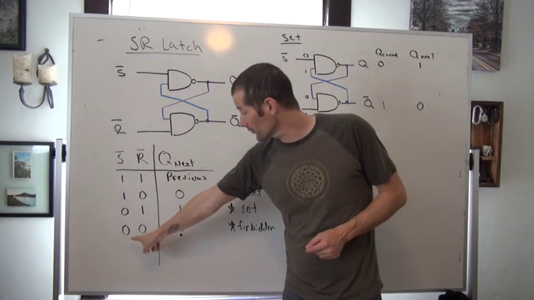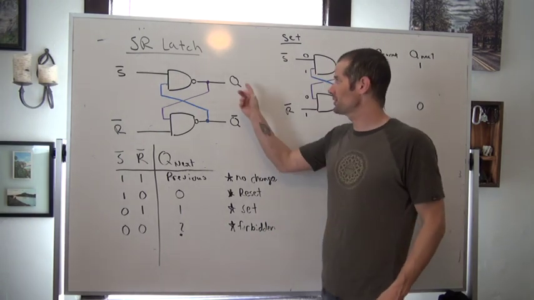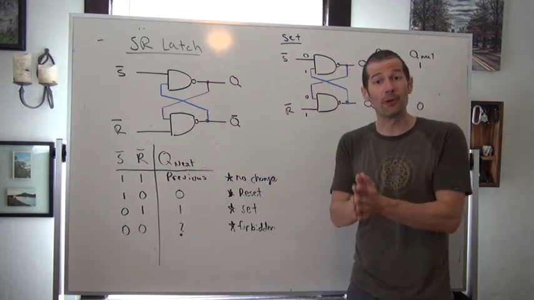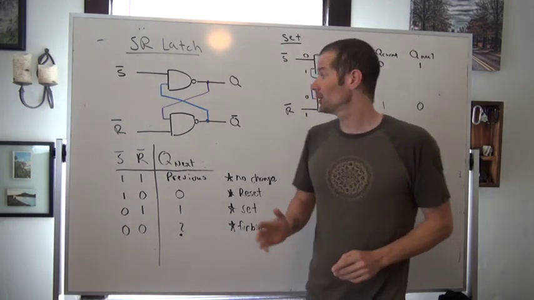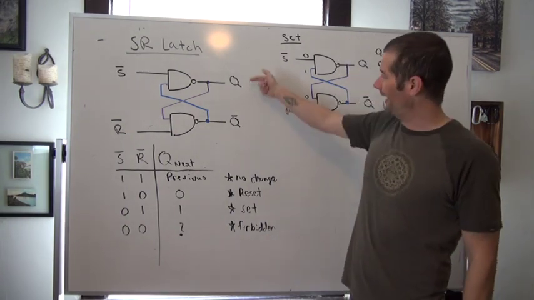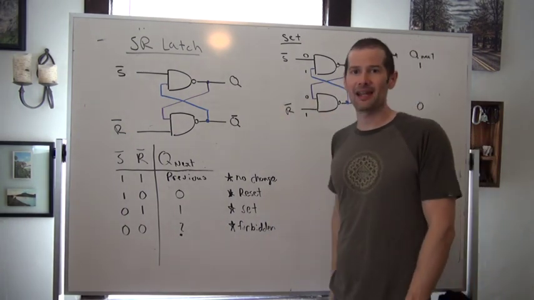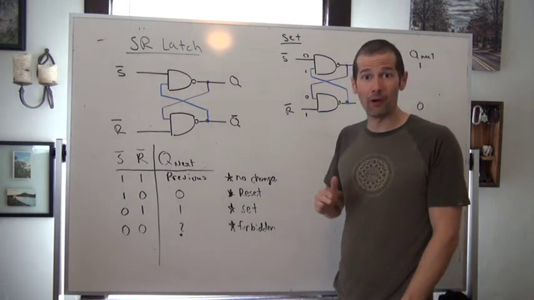If S bar and R bar both go low, Q and Q bar, which are supposed to be opposite of each other, stay the same, and that's absolutely bad. We do not want that.